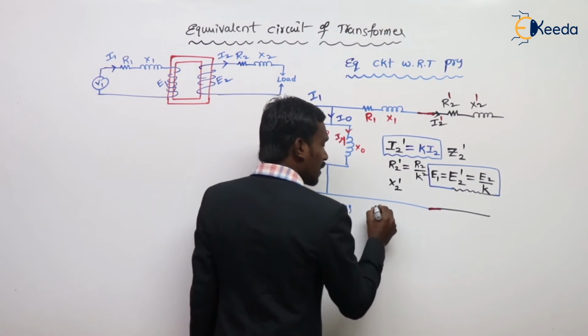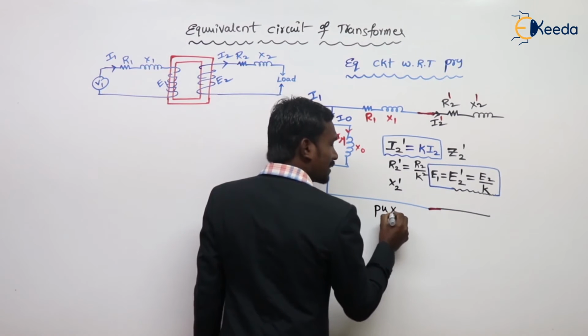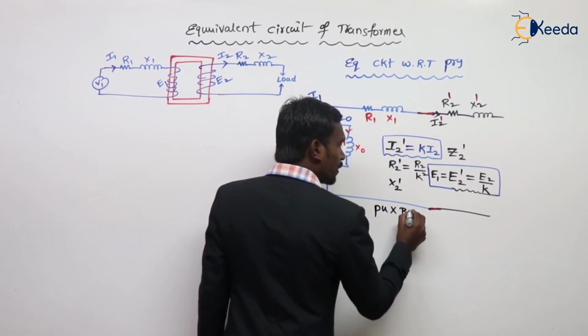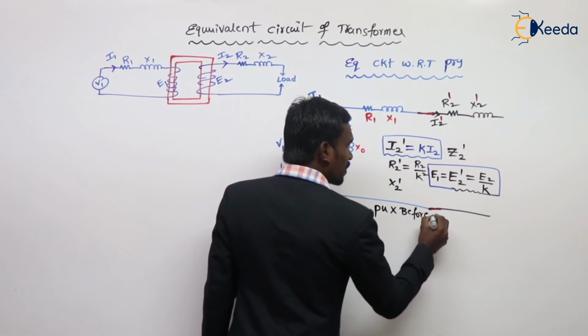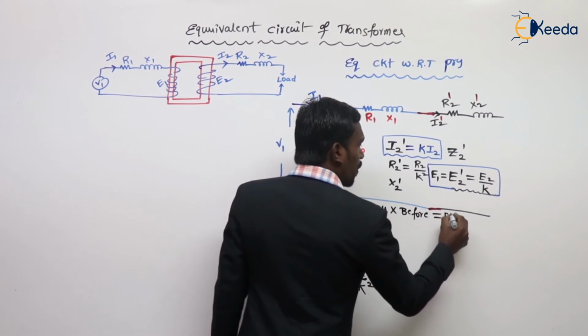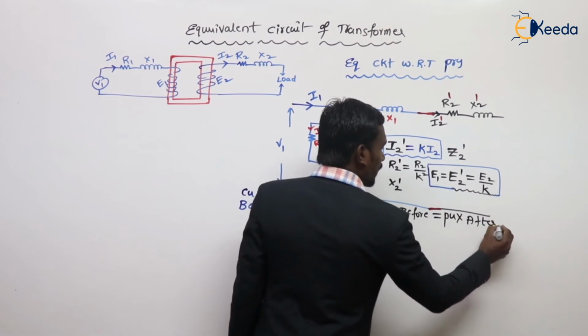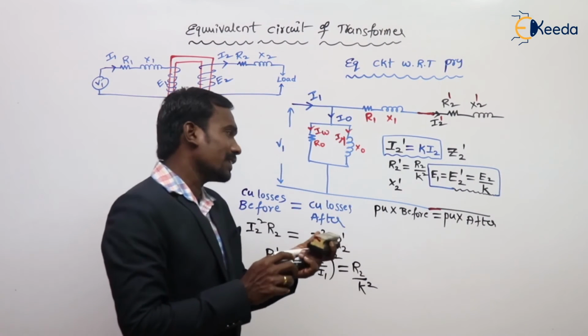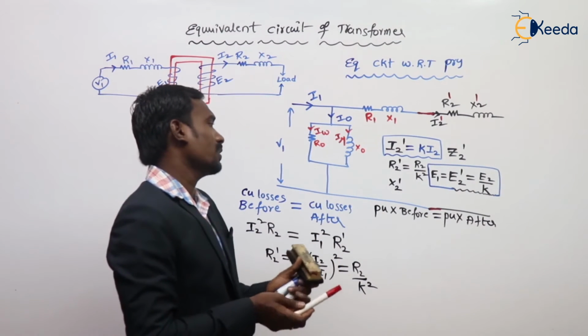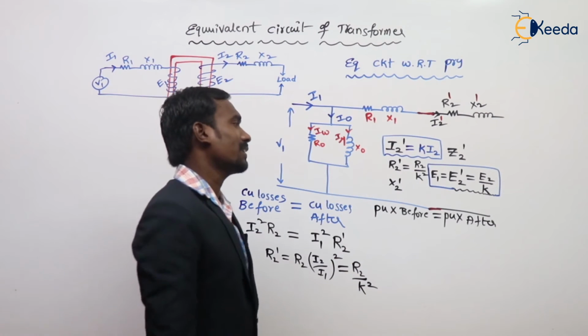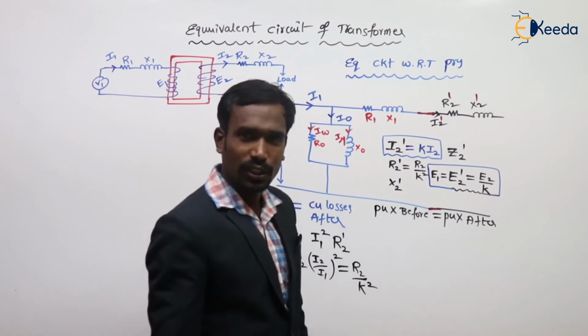For this, per unit reactance before transformation is equal to per unit reactance after transformation.